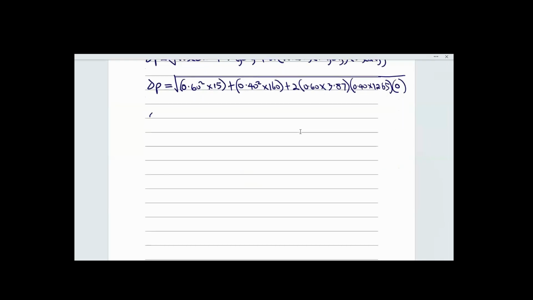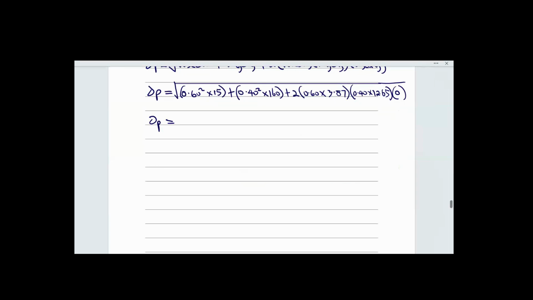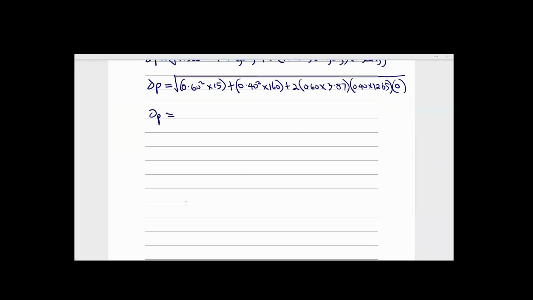So in this case, the risk of the portfolio, let me use the calculator here. 0.6 squared is 0.36. 0.36 multiplied by 15 is 5.4.